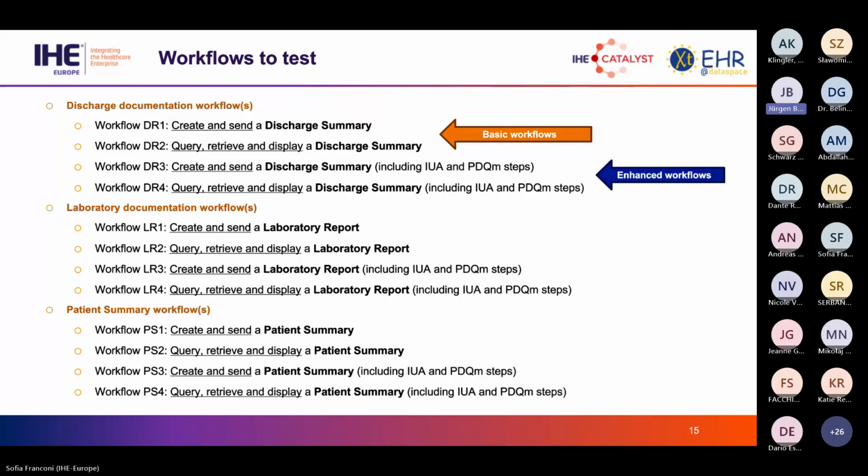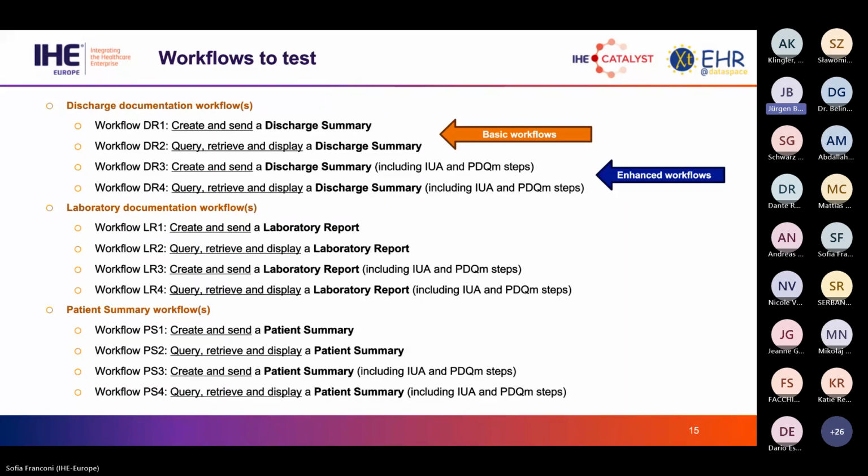The details on those workflows look like this. So for discharge documentation, for example, we have workflow DR1, create and send a discharge summary. And DR2 is the other way around, query, retrieve, and display a discharge summary. That's the basic workflows. And then we have 3 and 4, which is basically the same, but including authentication and patient search steps.